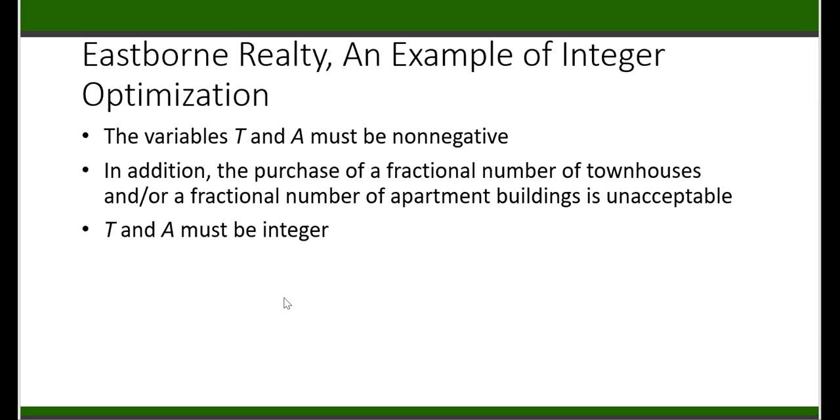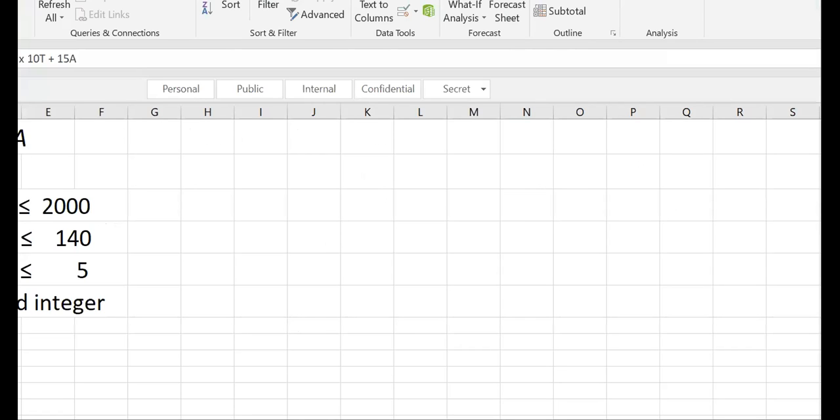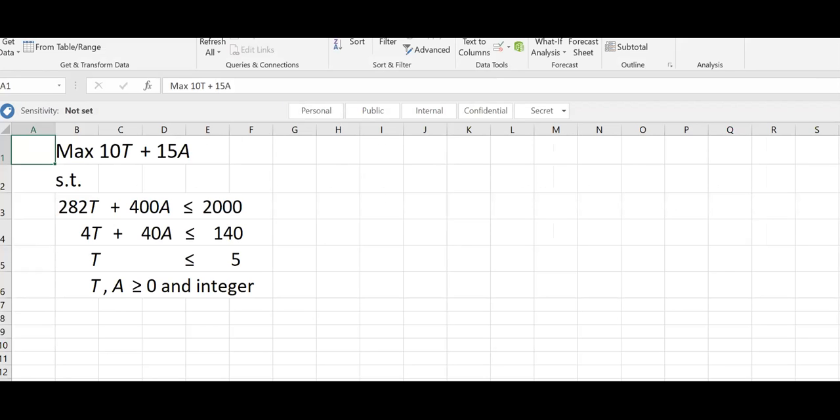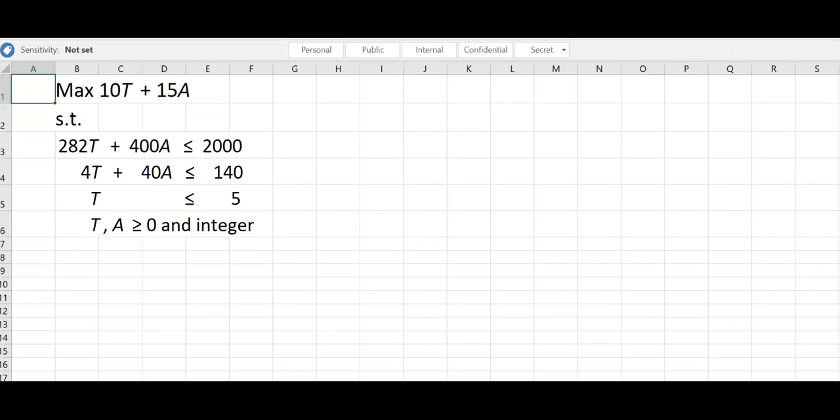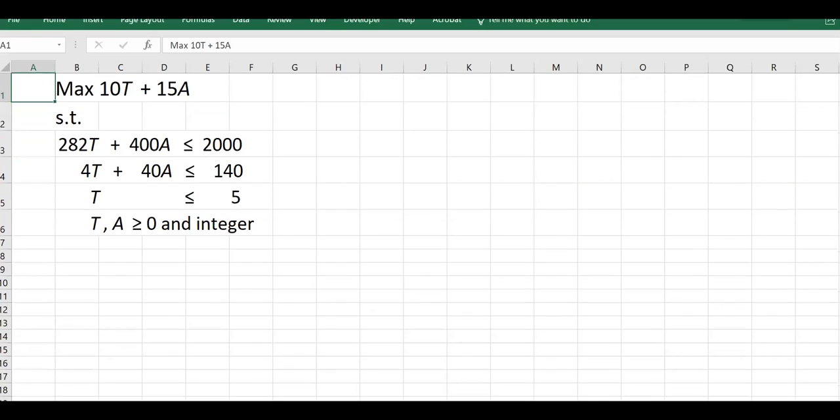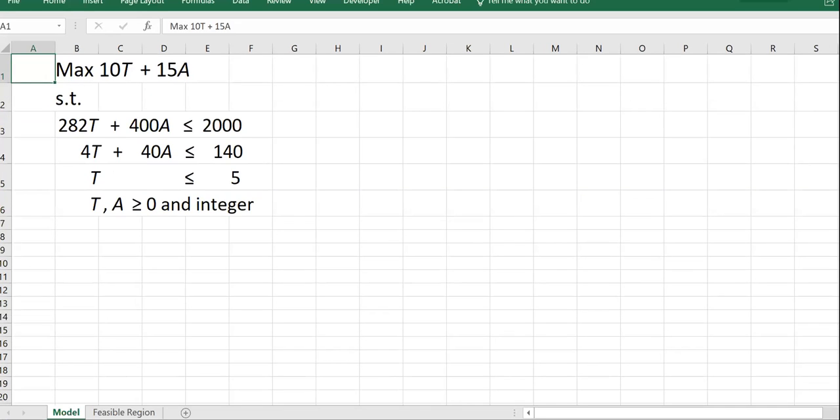So now I'm going to go into Excel and we're going to try to solve this problem using the LP solver, and we're going to see whether it's going to lead to the best solution.